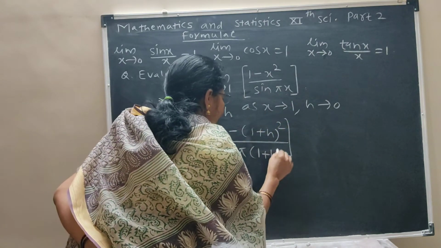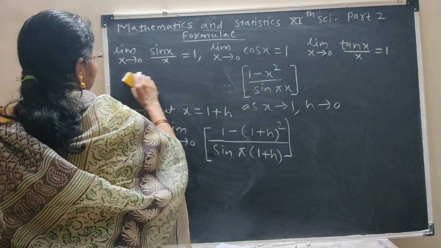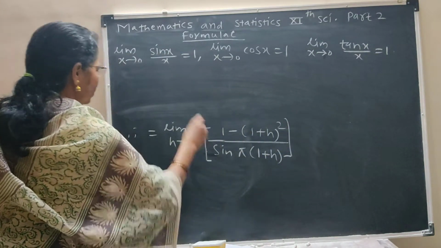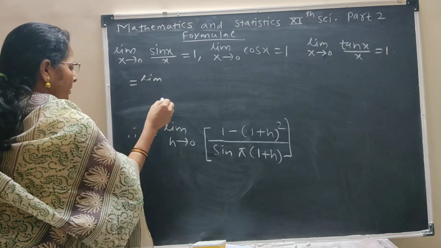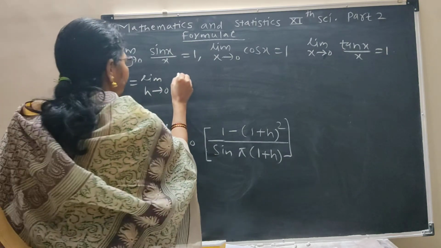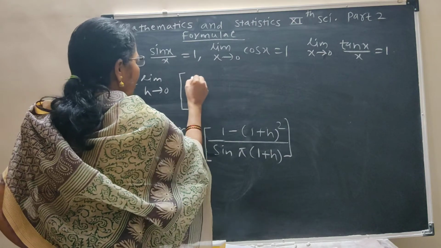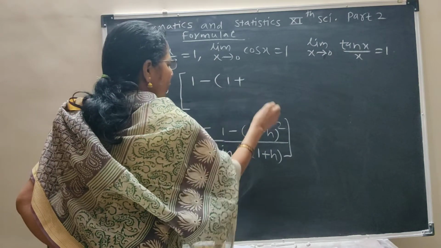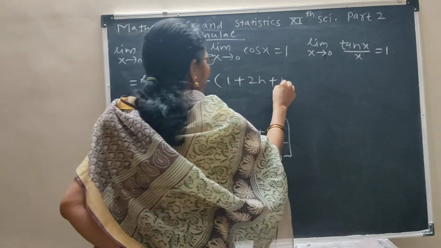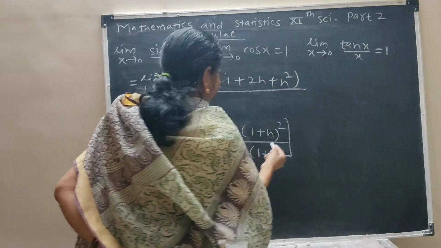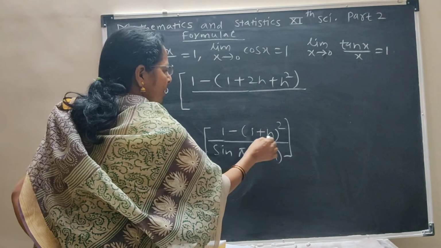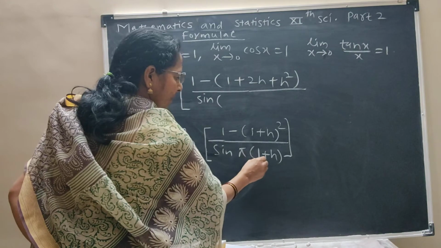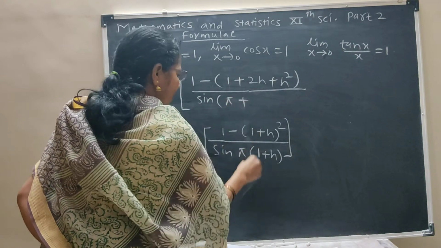Expanding the square, 1 plus 2h plus h square. Multiply inside the sin by pi: pi plus pi h.